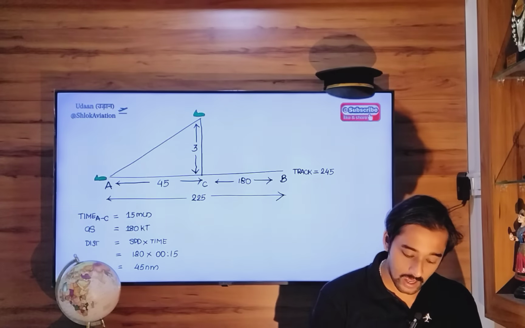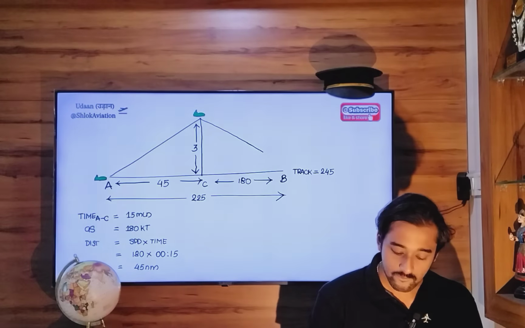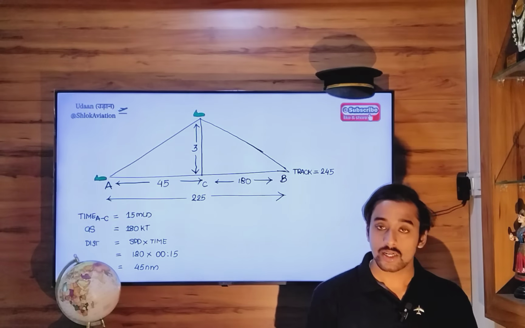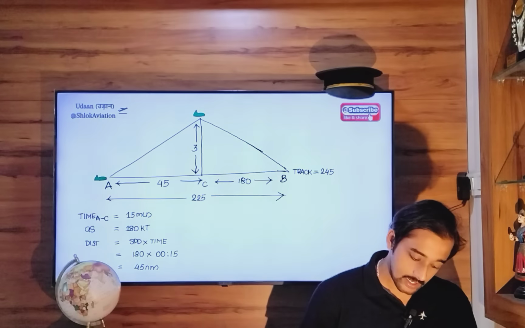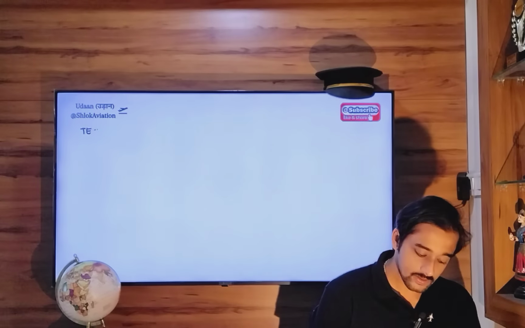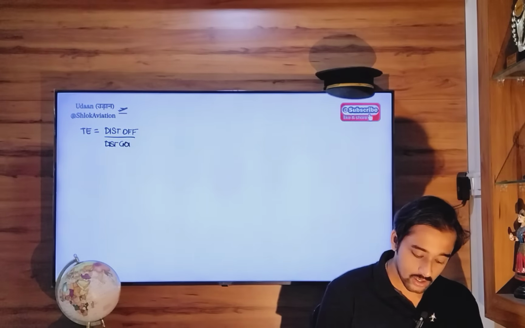So you will have to use track error and closing angle method. So let's find track error first. Track error is distance off track, distance gone into 60.